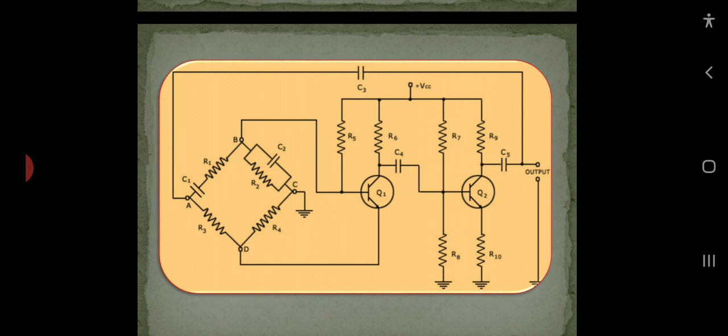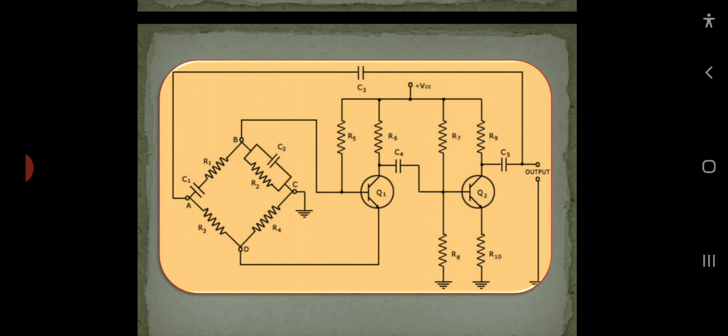Again these signals will be amplified by the transistor Q2, and only the AC component is allowed because we have blocking or coupling capacitors C4 and C5.